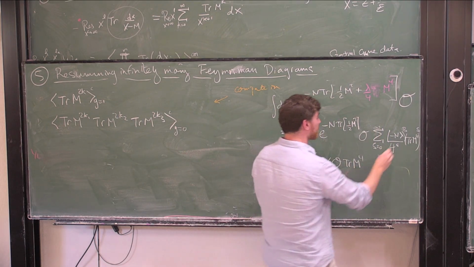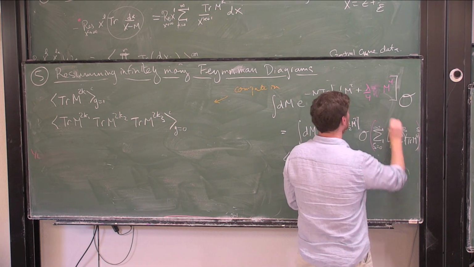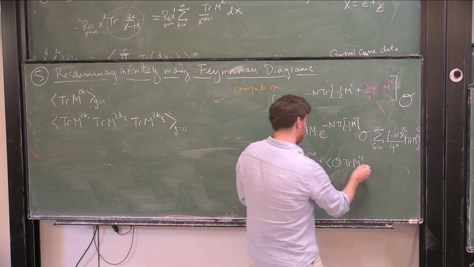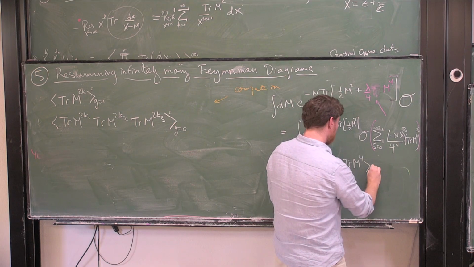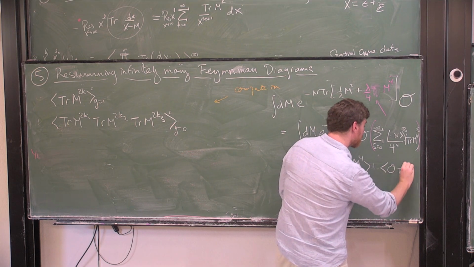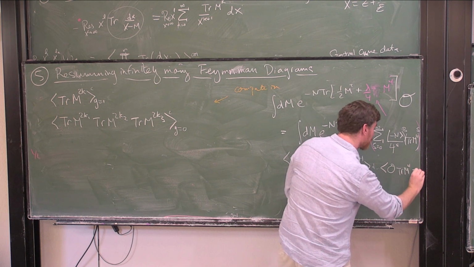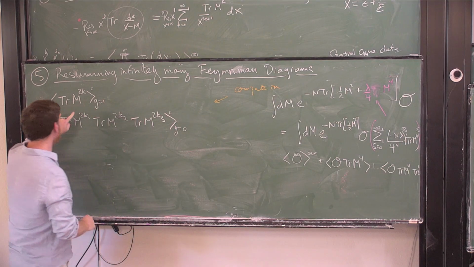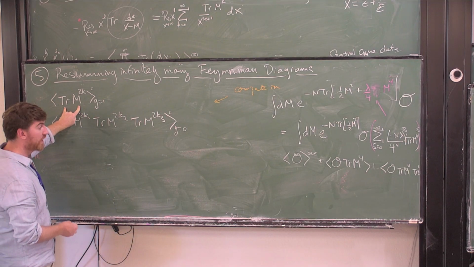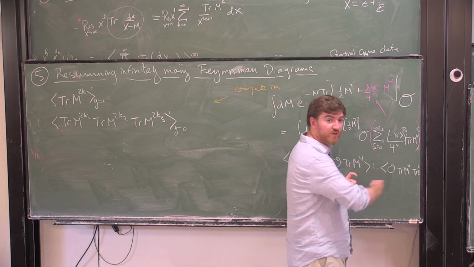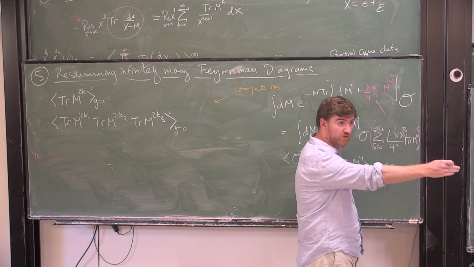So again, this is the purple stuff. This comes just from expanding in the exponential. So technically this computes infinitely many products of trace m to the 4. If we, for example, took O just to be trace m to the 2k, you can see that this requires infinitely many complicated correlation functions.